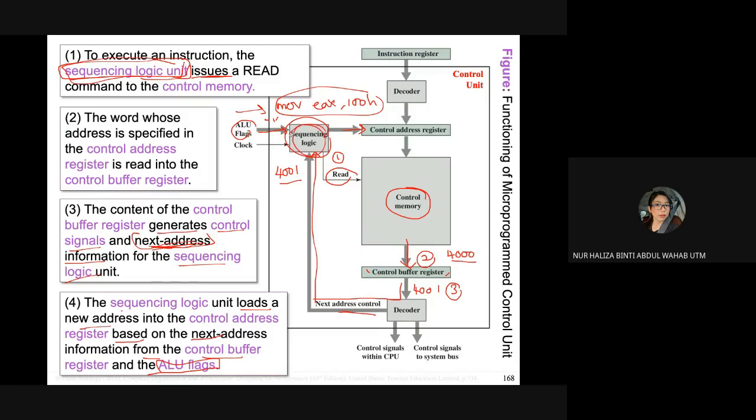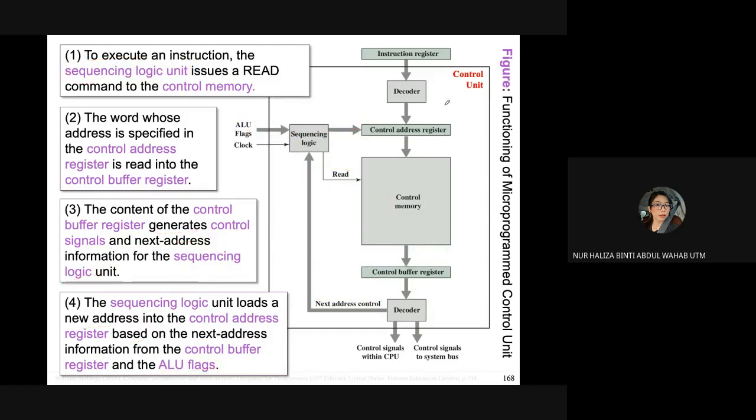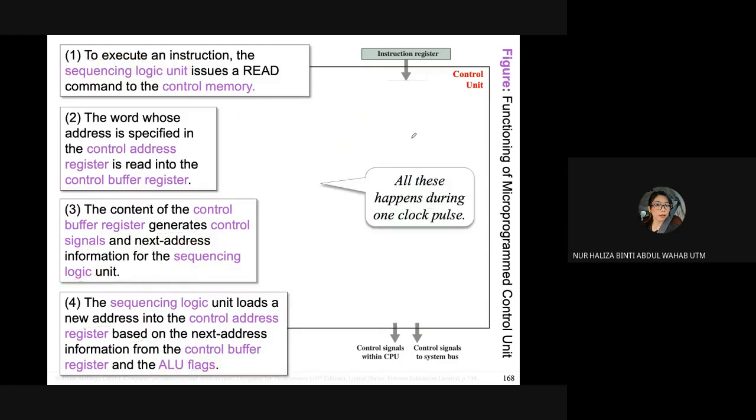Your sequential logic will decide what the next address is and send it to your control address register. All of these happen during one clock pulse. So you cannot see one clock pulse. Maybe it is a nanosecond.